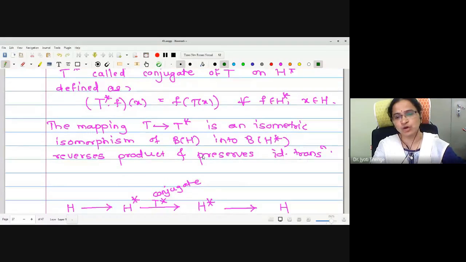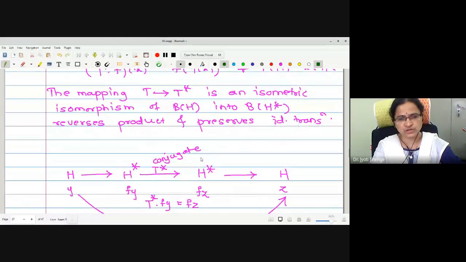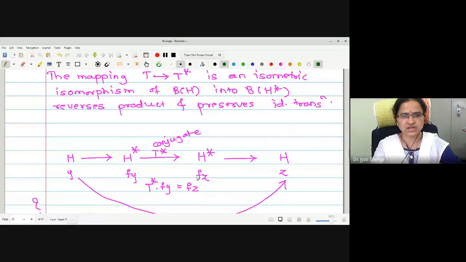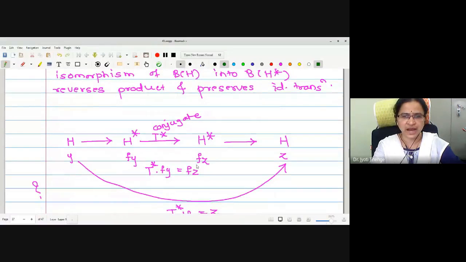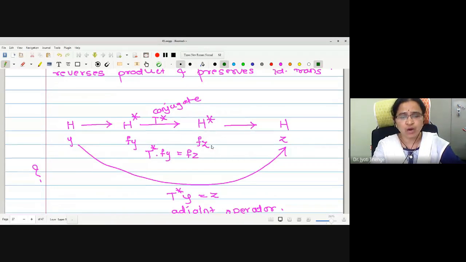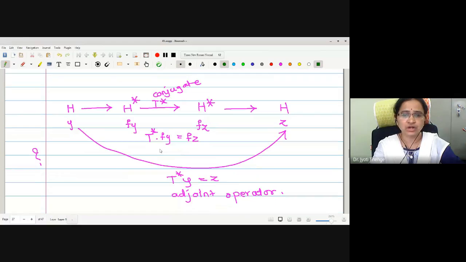This mapping we have proved to be an isometric isomorphism of B(H) into B(H star), which reverses the product and preserves the identity transformation. Now, by using the relation between the elements of H and H star, a new operator is defined, which is called an adjoint operator.